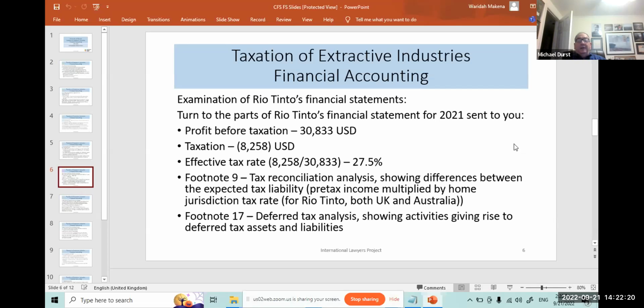Although tax avoidance in the extractive industries is still important, it's not as marked as it is in the high-tech industry, but still a great deal of revenues are at stake in the extractive sector.